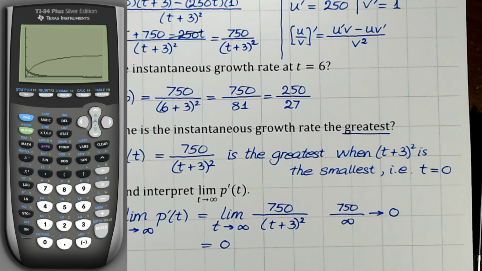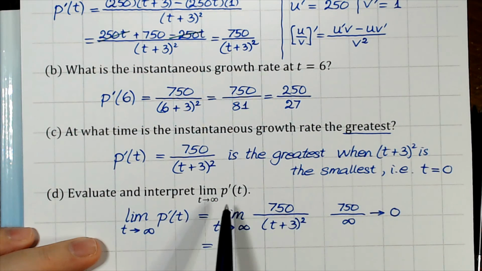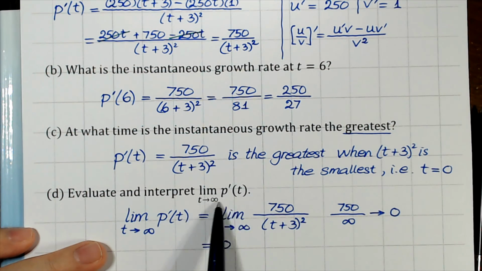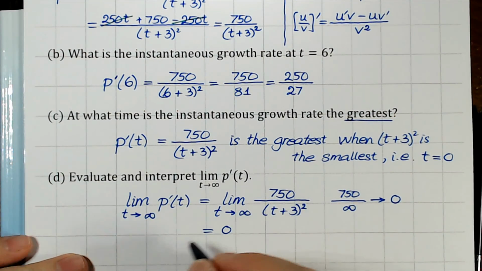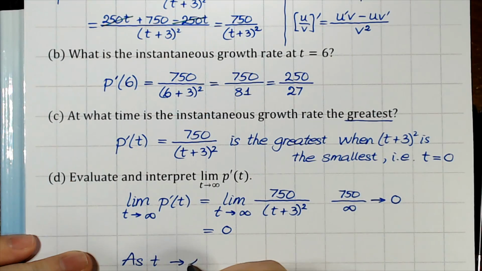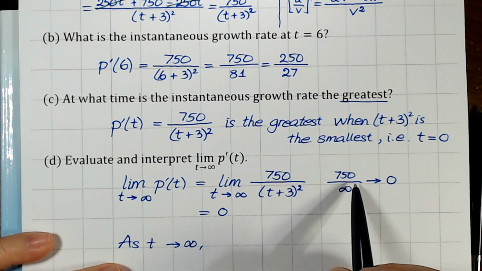We put the calculator away for a moment. We do have to assess what happens when t goes to infinity. As t goes to infinity, the derivative goes to 0.